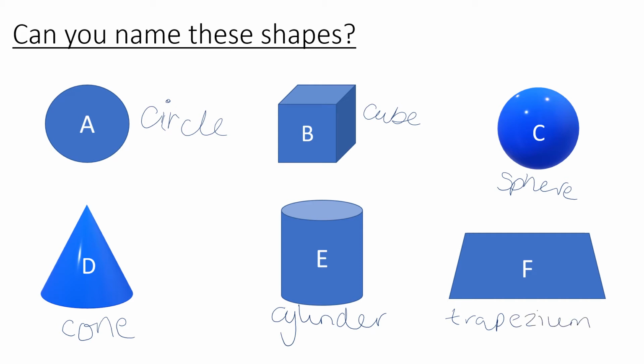T-R-A-P-E-Z-I-U-M, trapezium. And that's because it's got one set of parallel sides, so I could mark those on there for you. So the top is parallel to the base, and I can show you that by those two arrows. Pause the video if you need to get any of those names down, and once you're ready, click to go on.